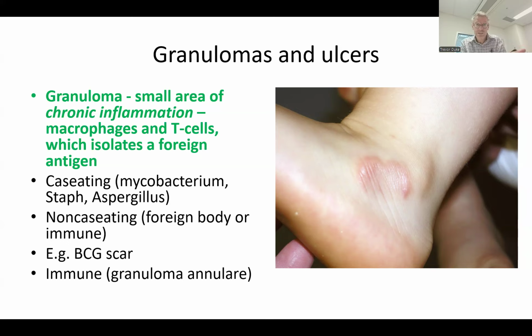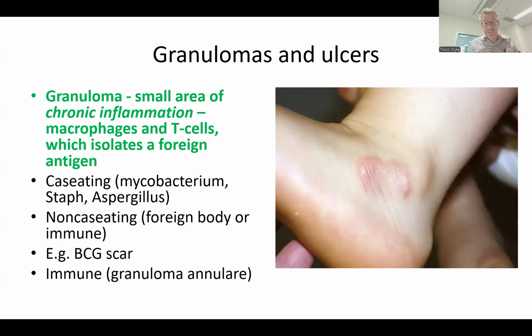We've talked mostly about acute inflammation, acute suppuration, acute blisters, acute erythema, but granulomas are a small area of chronic inflammation, and usually it's due to macrophages and T cells, and usually the inflammation has a beneficial effect because it isolates a foreign antigen, which might exist in the skin or the subcutaneous tissue, and there's an inflammation to isolate that antigen and stop it spreading more widely.